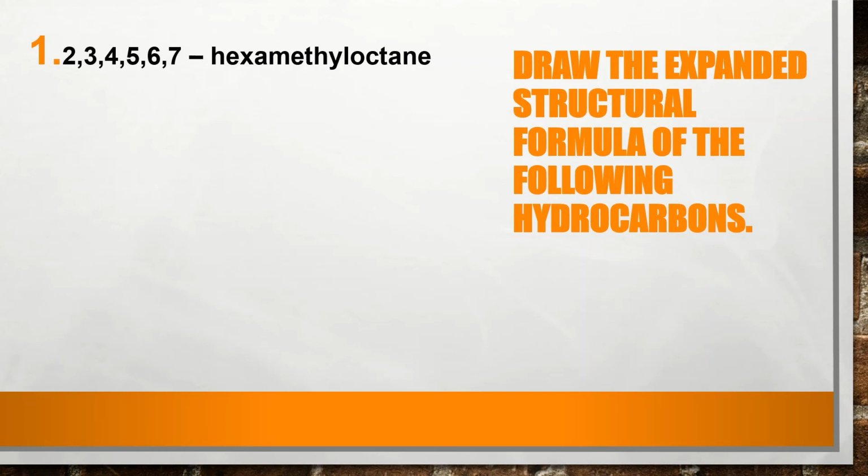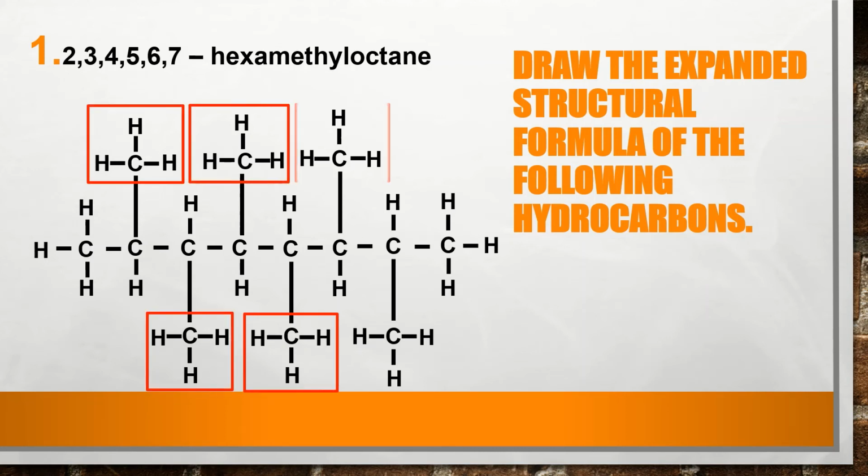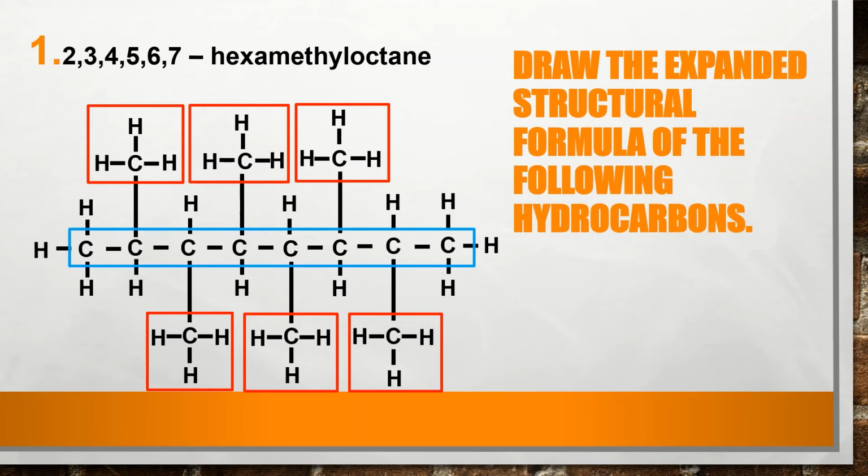So this is the expanded structural formula of 2,3,4,5,6,7-hexamethyloctane. As you can see, our alkyl group is found at the second, third, fourth, fifth, sixth, and seventh carbons in our structure. Thus, there are 6 methyl or alkyl groups attached to our parent chain.